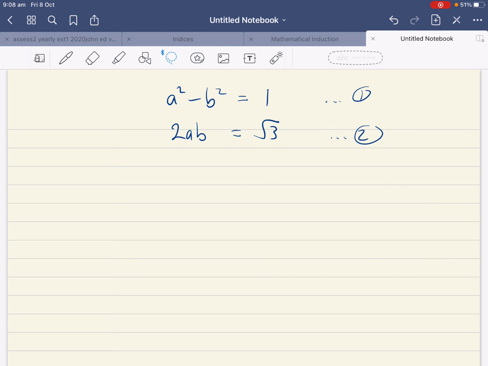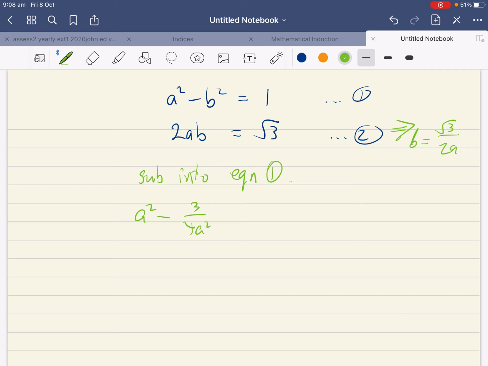Okay, so first step I would be doing is rearranging, so b equals root 3 all over 2a. Okay, and then what I'm going to do is sub that into equation 1. So you end up with a squared minus b squared, which is actually going to be 3 all over 4a squared, right?